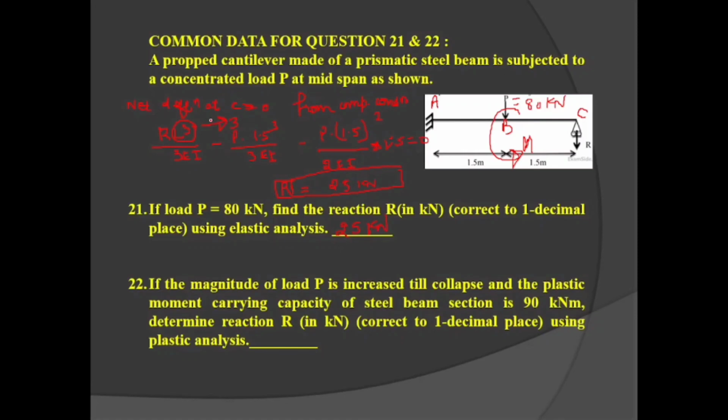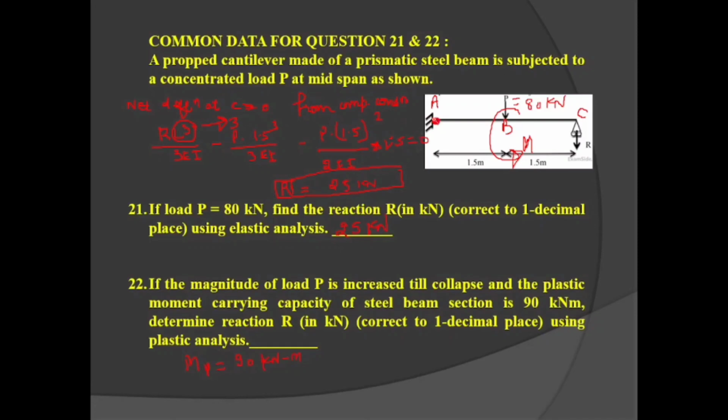Now if the magnitude of load P is increased till the collapse load, plastic moment capacity is 90 kilonewton meter. So for this particular condition, my dear students, MP is basically increased to 90 kilonewton meter. So here how many plastic hinges are formed?